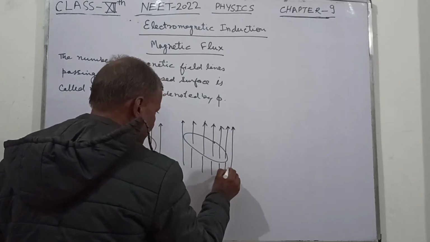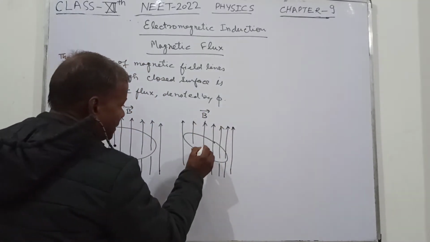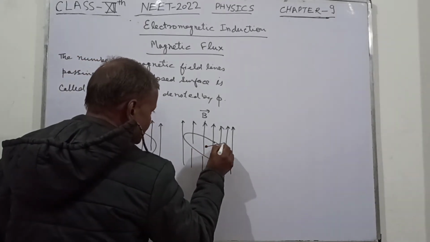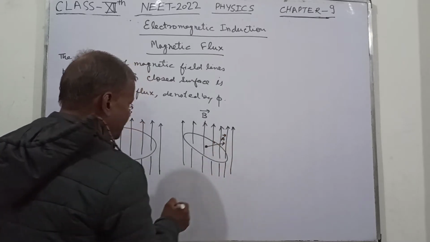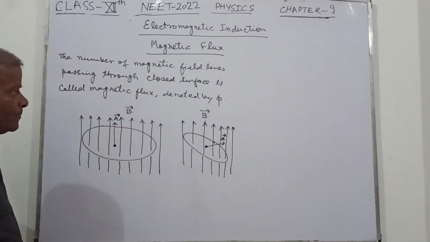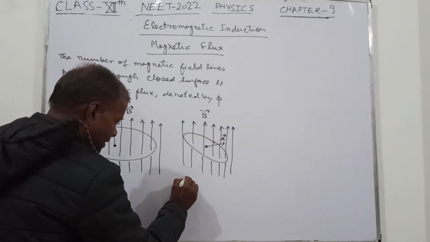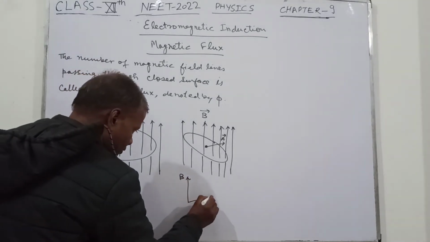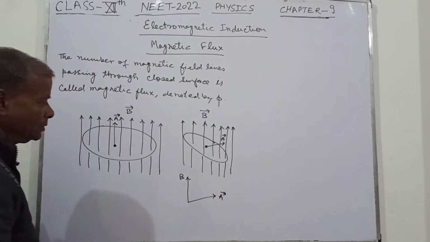This is the magnetic field B, and now its normal will be in this direction. This is the direction of the normal or the area A. So now this is making an angle theta with B.